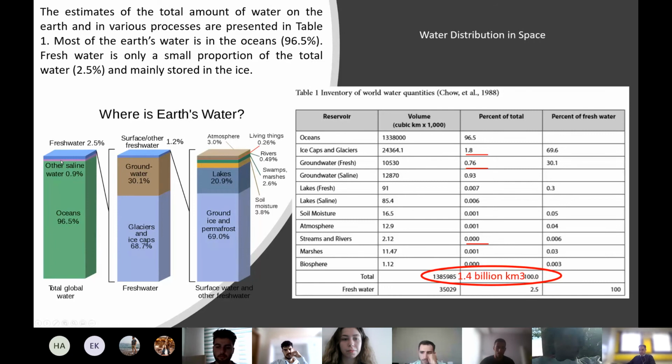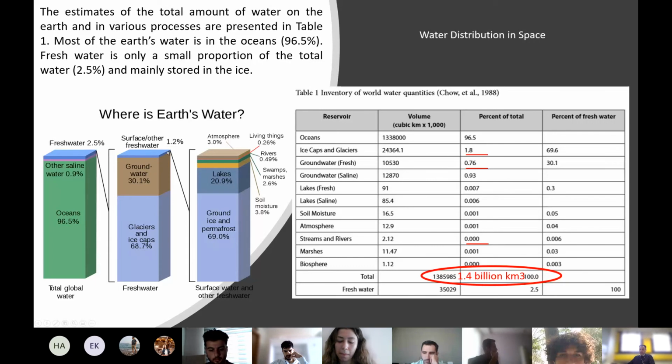Of this 2.45% fresh water, glaciers make up 68%, which again is not easily accessible for use. Groundwater and surface water, like water in lakes and streams, are accessible to human use. Therefore, accessible fresh water is 30% of 2.5% of the entire water.